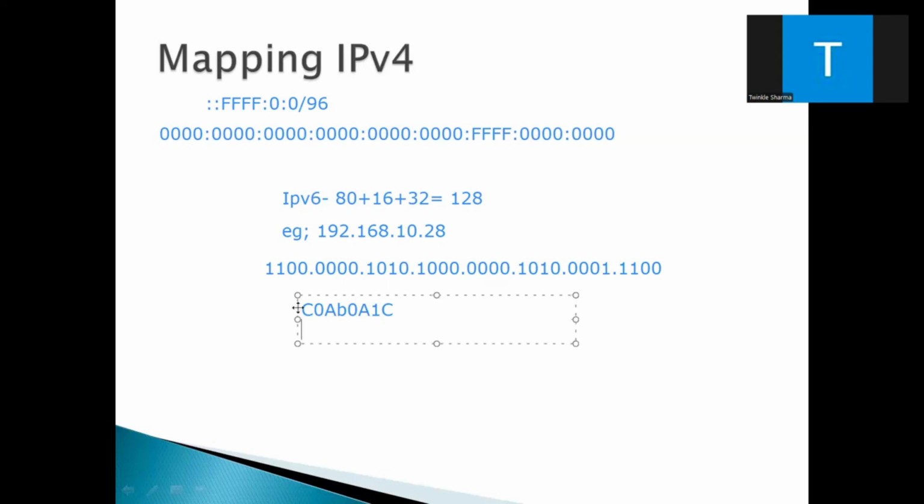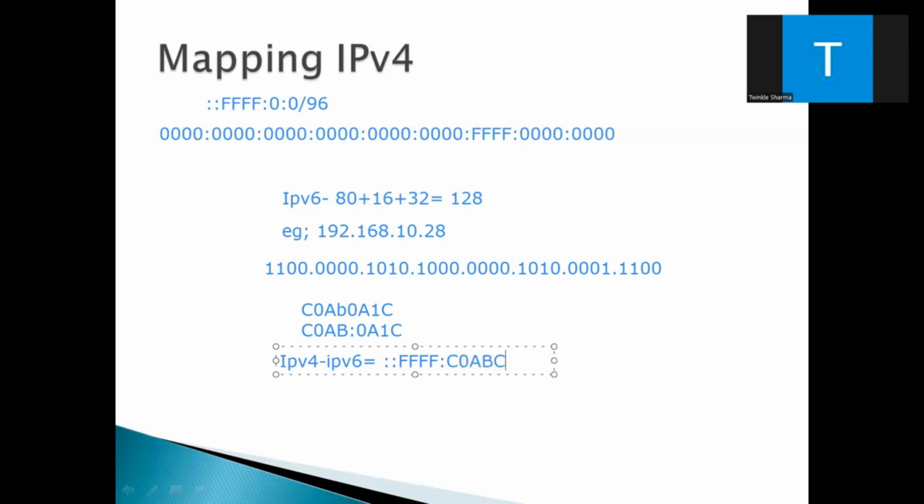Then we write it like C0AB:0A1C. IPv4 to IPv6 equals ::FFFF:C0AB:0A1C. Done. Mapped. Done. Okay.